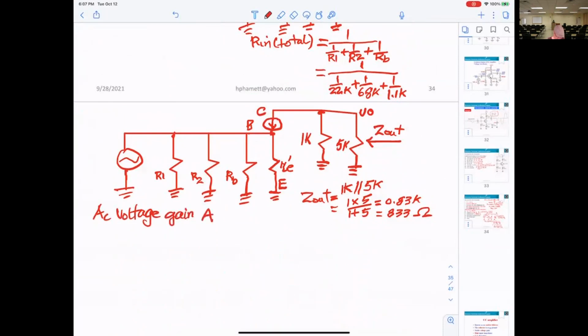Okay, that means A, the gain, normally equal... this is the V in right here. This is the VB.